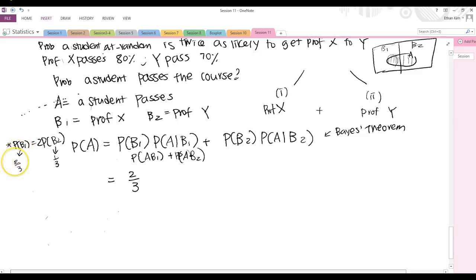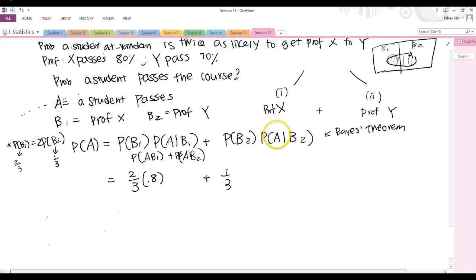What is the probability of a student passing given that the student has Professor X? It says Professor X passes 80% of the time, so that's going to be 0.8. Looking at the probability of B2, we already established that it's 1/3.